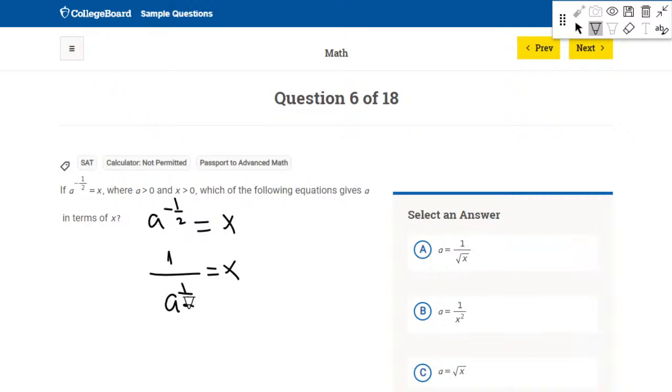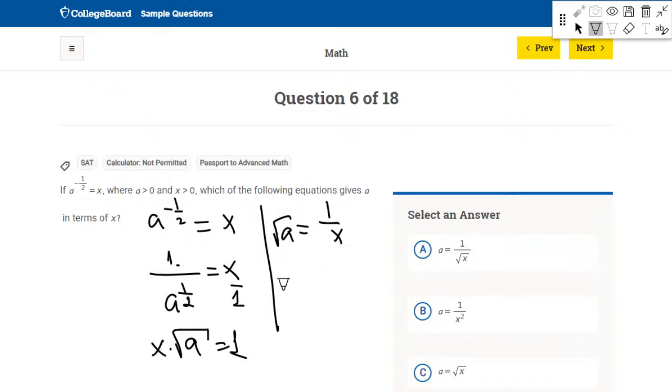We cross multiply, because we can write it here as 1. So it's x multiplied by a to the power of 1 over 2, and this equals 1. What is 1 over 2 in the power? It means it's the square root. Then we just rewrite it as square root of a equals 1 over x.